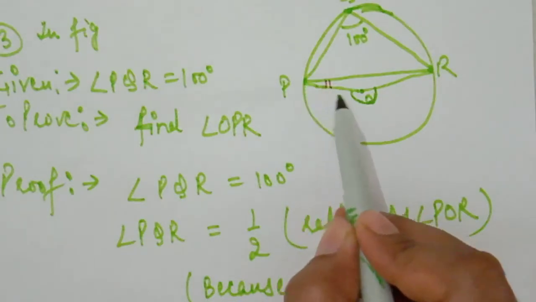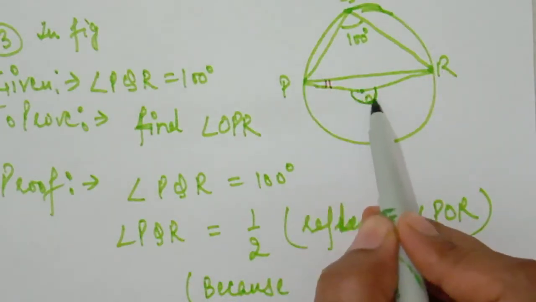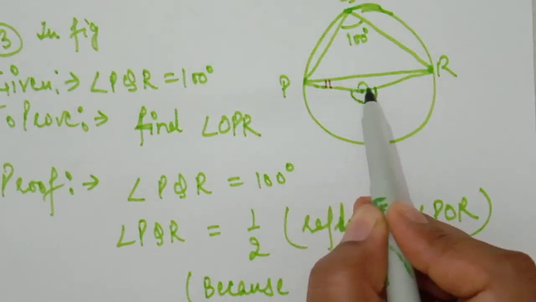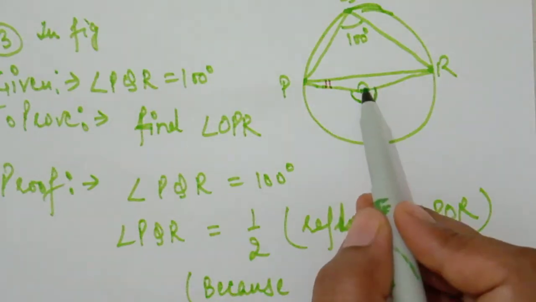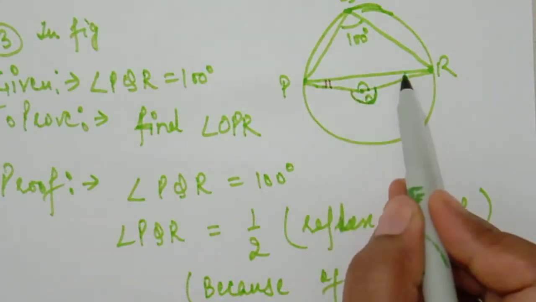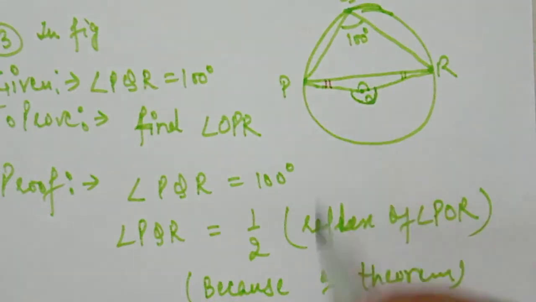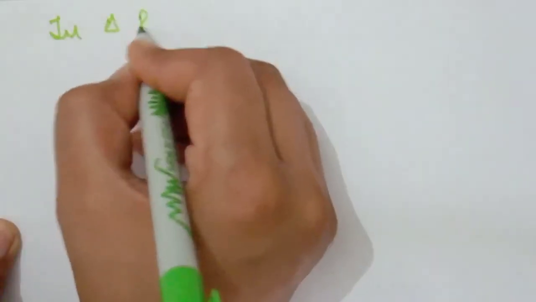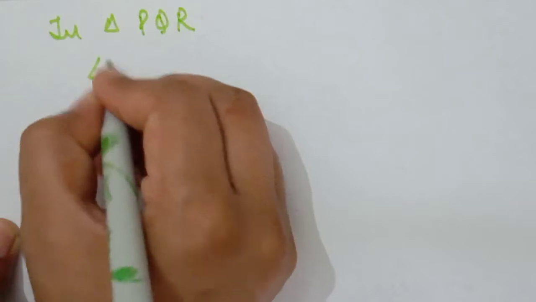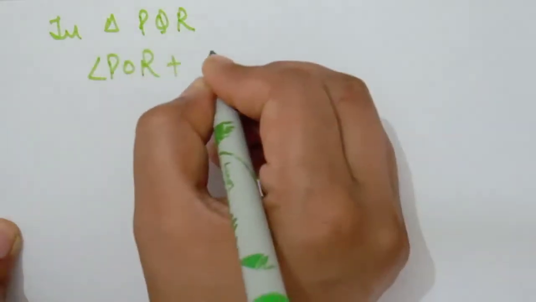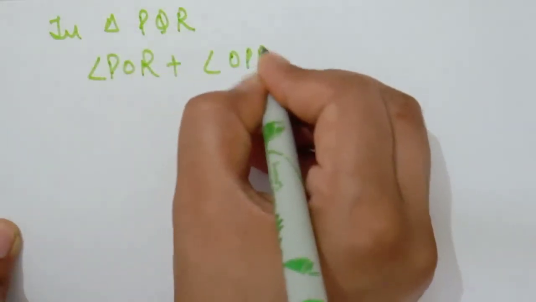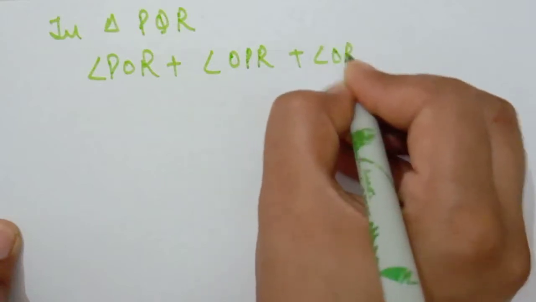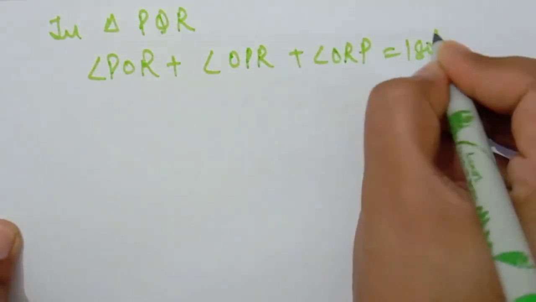In this triangle POR, this reflex is 200 and this inside angle is 160 degree. The sum of all three angles of this triangle is 180 degree. In triangle POR, angle POR plus angle OPR plus angle ORP is equal to 180 degree.